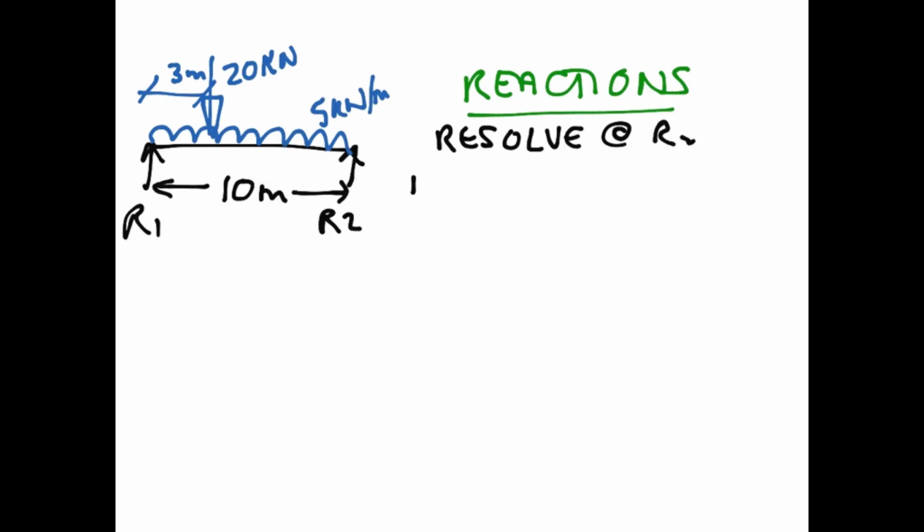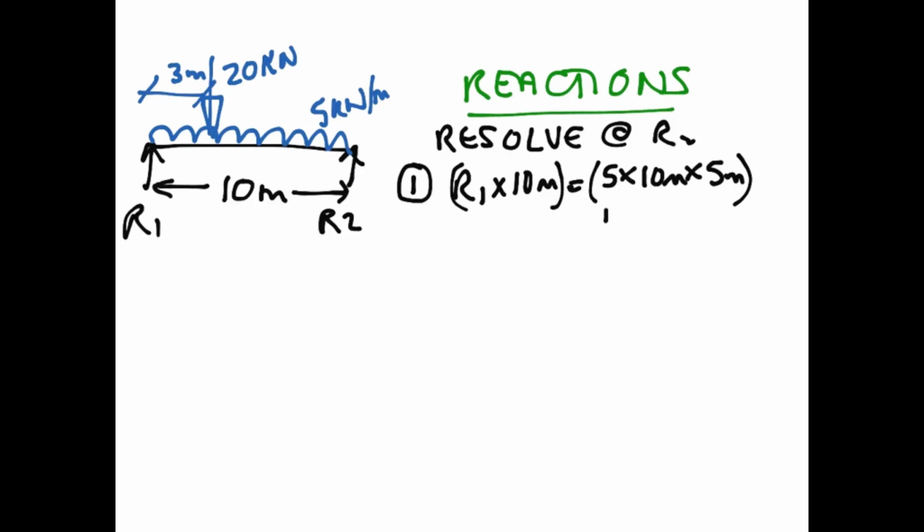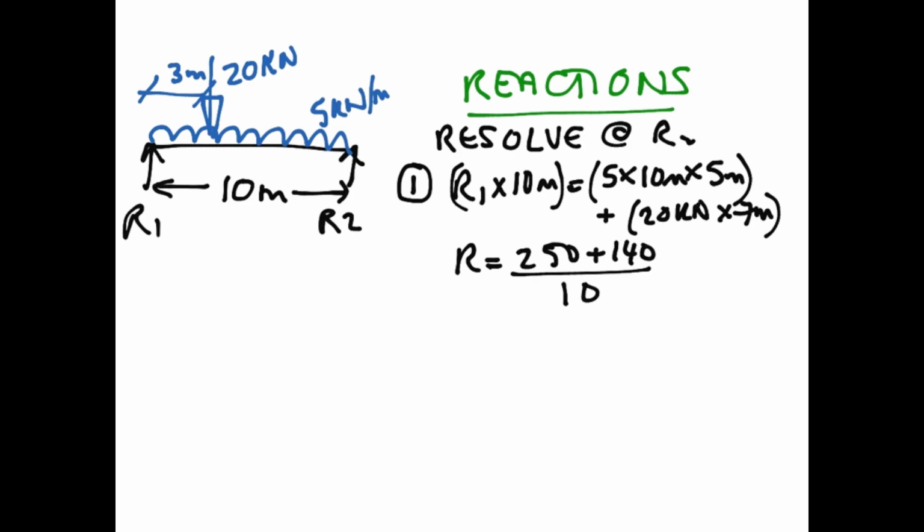So R1 times 10 metres is equal to 5 kilonewtons per metre times 10 metres times 5 metres, add 20 kilonewtons times 7 metres. What that means is R1 is equal to 250 add 140 all over 10, which equals 39 kilonewtons.